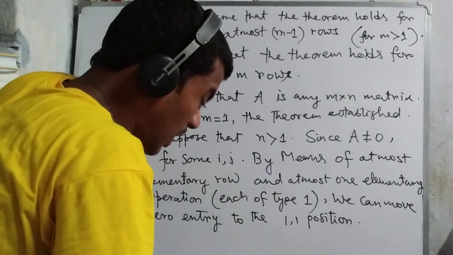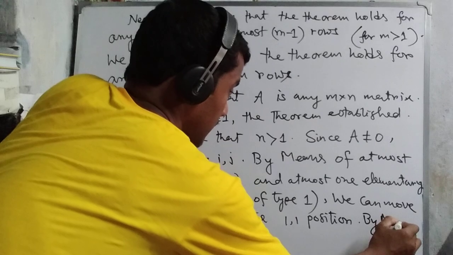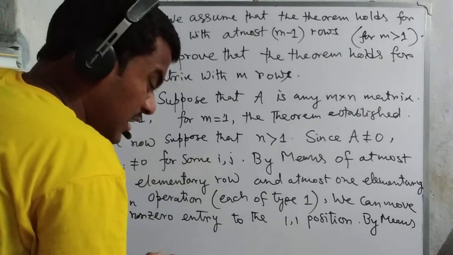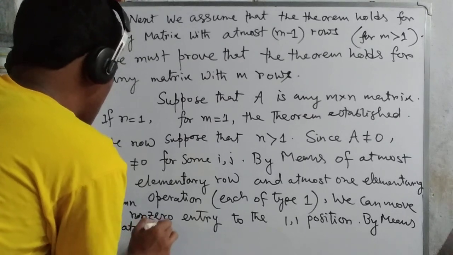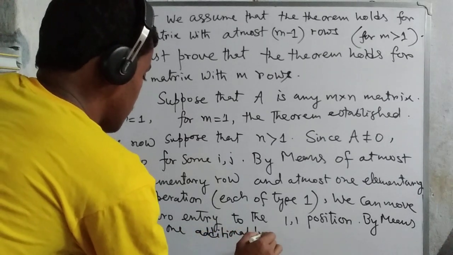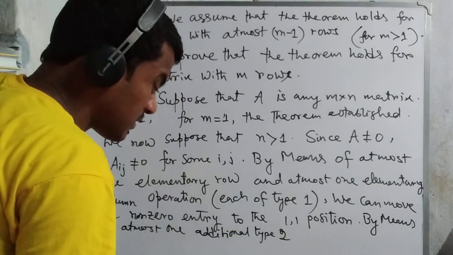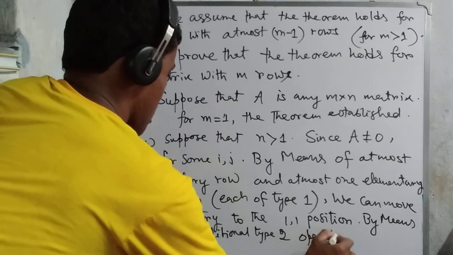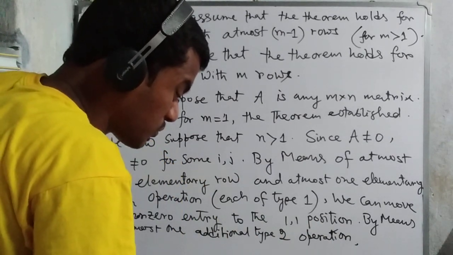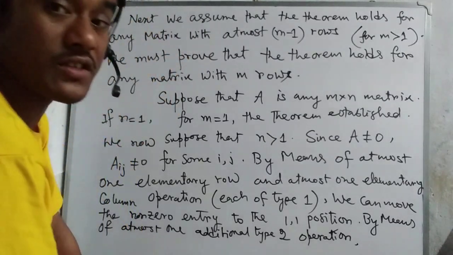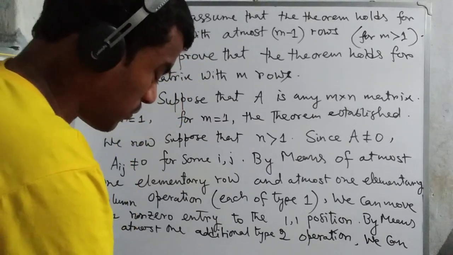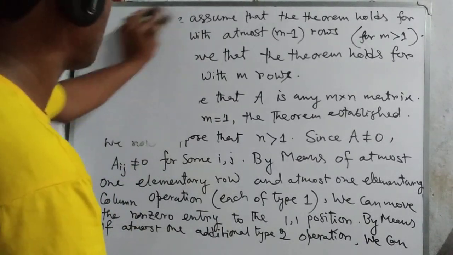Then again by means of at most one additional type 2 operation, we can assure a 1 in the 1 1 position. We erase our portion and go to further discussion of that.